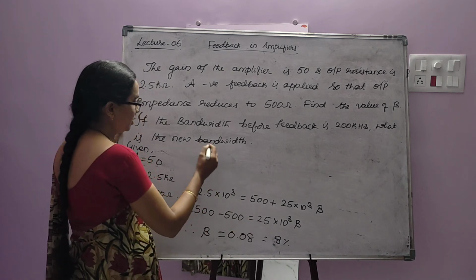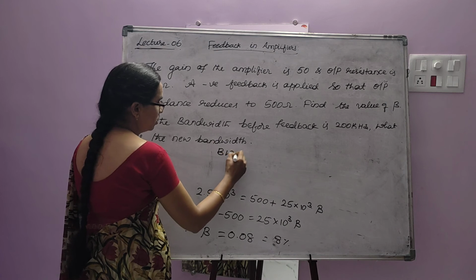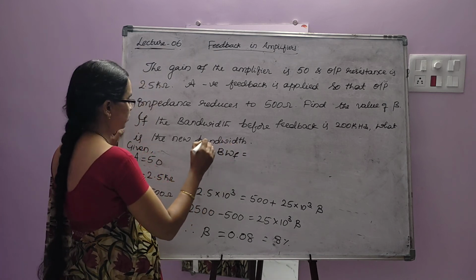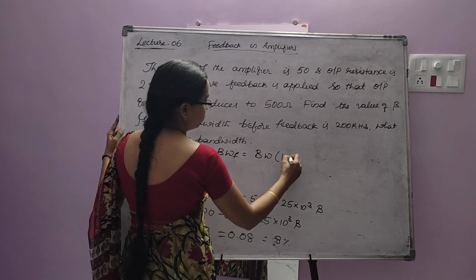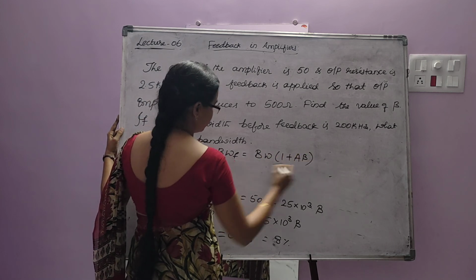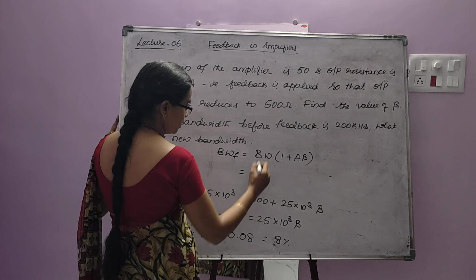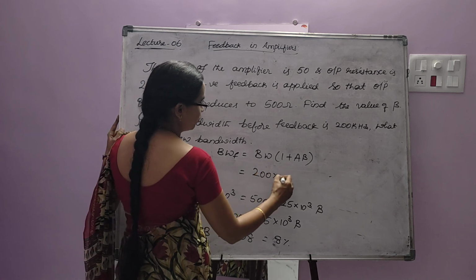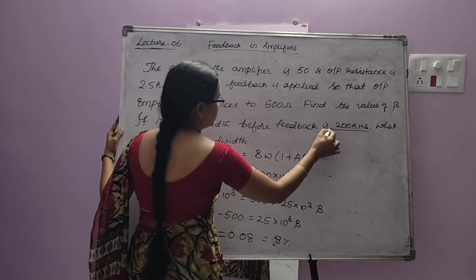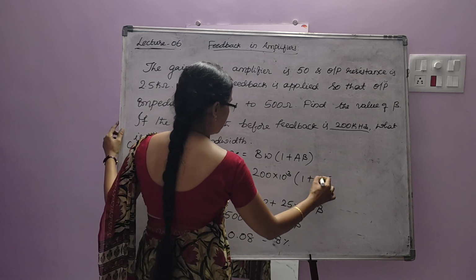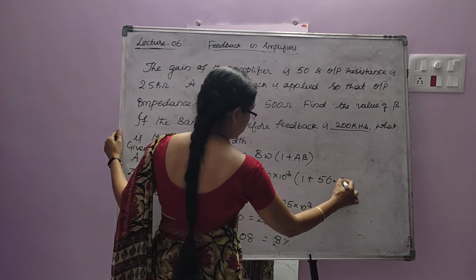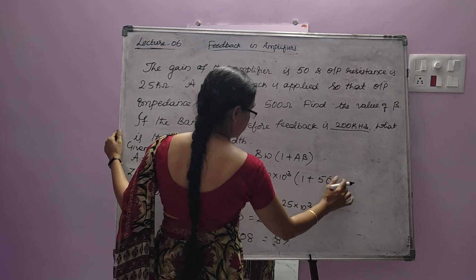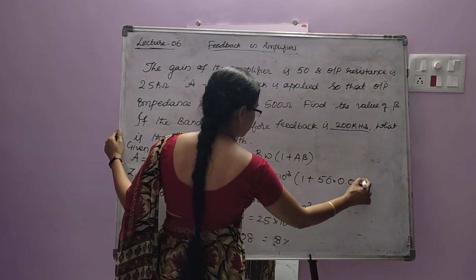So we have to calculate bandwidth after feedback, that is bandwidth into 1 plus A beta. Bandwidth is given 200 into 10 to the power of 3, 200 kilohertz, into 1 plus A beta. A is 50, beta is 0.08.